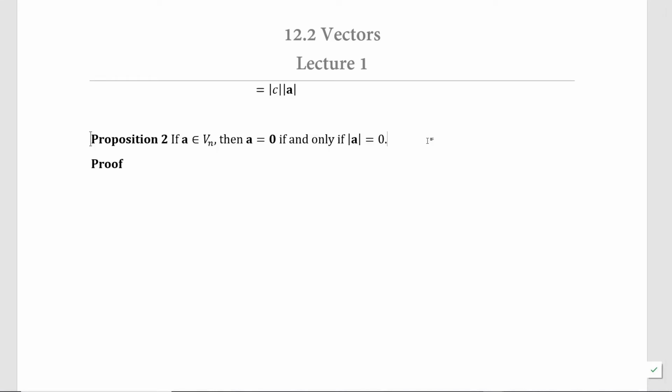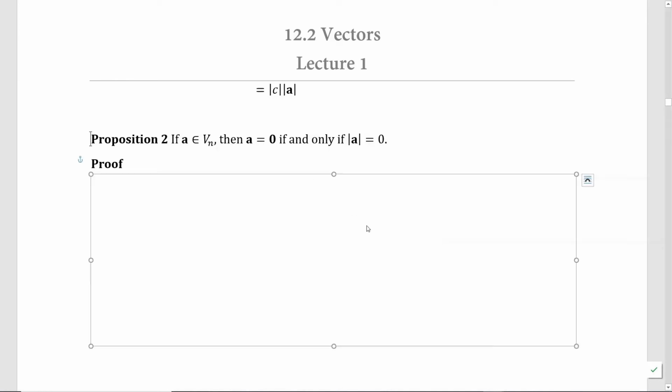So the proposition says a zero vector has magnitude 0, or conversely, any vector that has magnitude 0 must be a zero vector. So it's an if and only if statement.